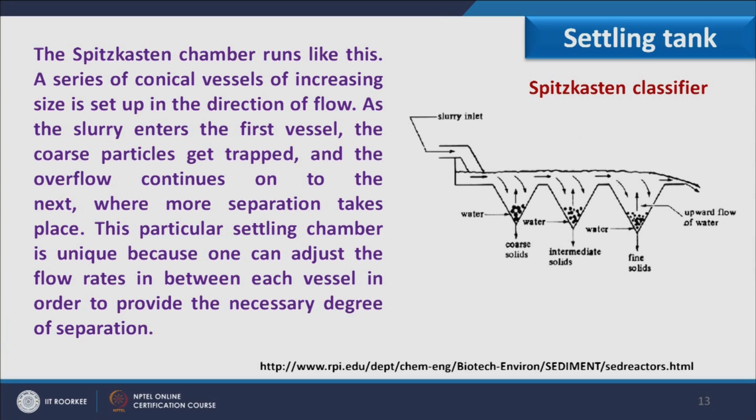A similar concept applies when the fluid enters the third chamber, which is again larger than the second. So, the Spitz-Carsten chambers run in series, where different chambers or conical sections are arranged in series in the direction of flow. As the slurry enters the first vessel, the coarse particles get trapped and the overflow continues to the next one. In this way, separation in different chambers is possible.